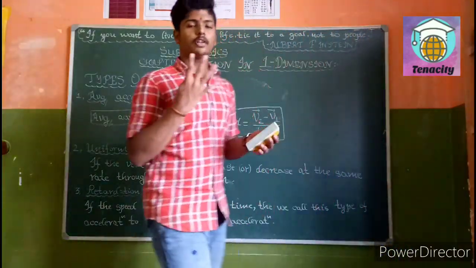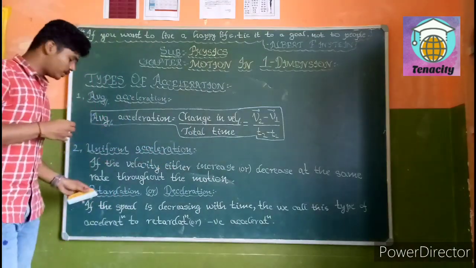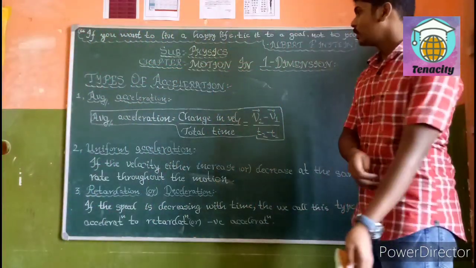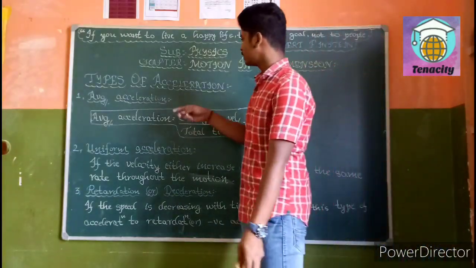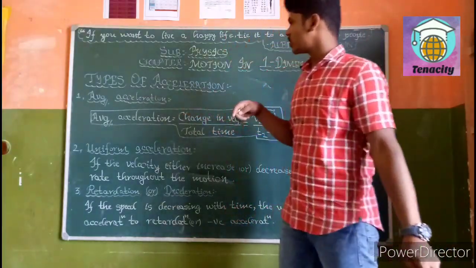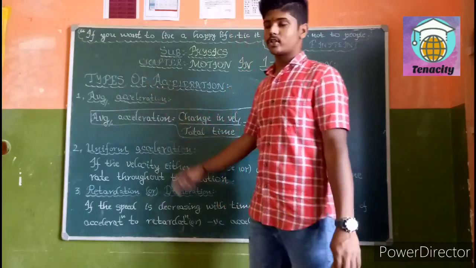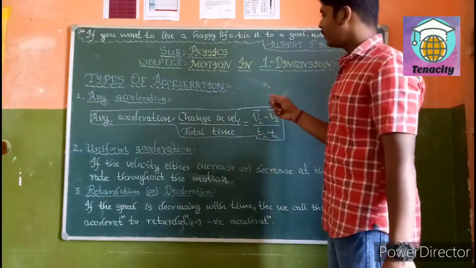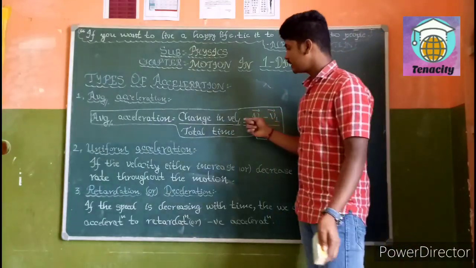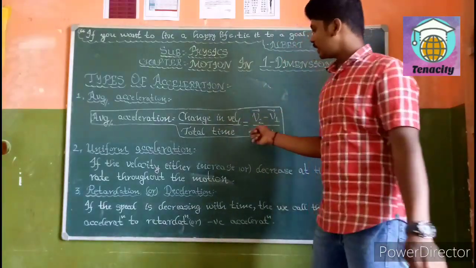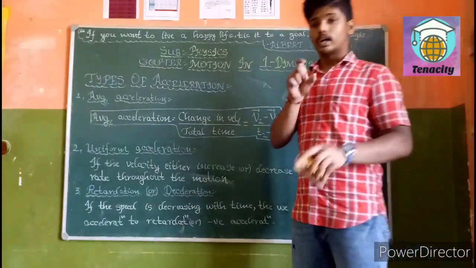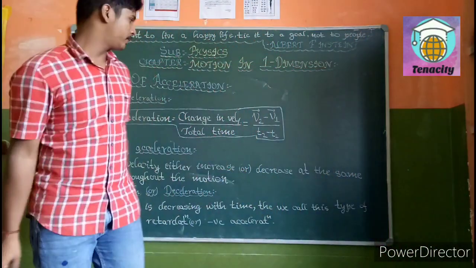So there are 4 types of acceleration, of which I am discussing 3 and one more will be discussed next. First, let us discuss the first type of acceleration, that is average acceleration. Average acceleration is defined as the change in velocity with respect to the total time taken by an object to cover the journey.